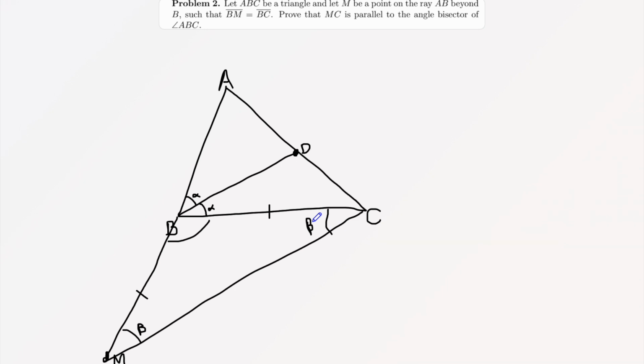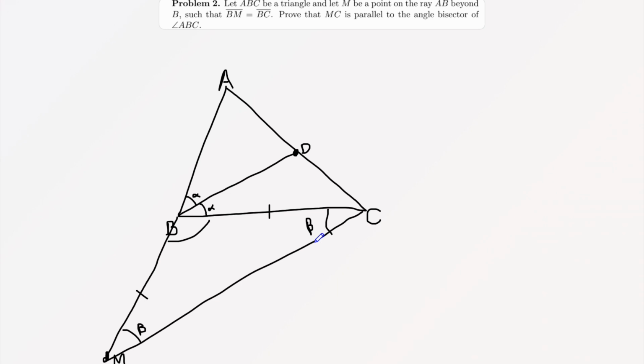If you didn't know that before, you can see that this angle has to be equal to 180 minus these two, because it's a triangle, and because this is a line, it has to be equal to 180 minus these two. Therefore, these two have to equal these two. Therefore, 2 alpha equals 2 beta, or alpha equals beta. So, with that, we've pretty much proven it.